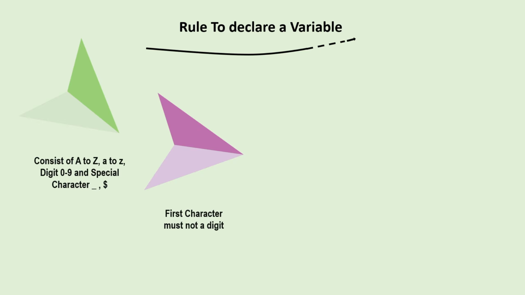The same condition is here: the first character cannot be a digit. So you cannot declare something like 232, this is not the right way to declare. This will throw an error, because the name starts with a number. This is the wrong way.